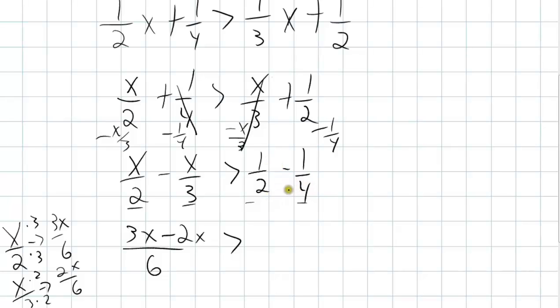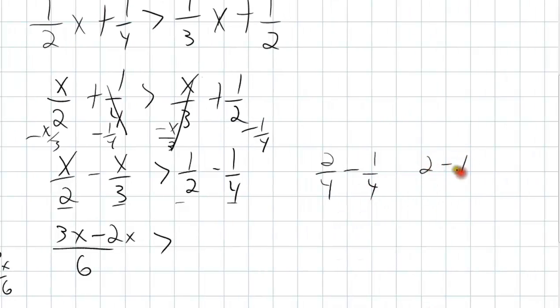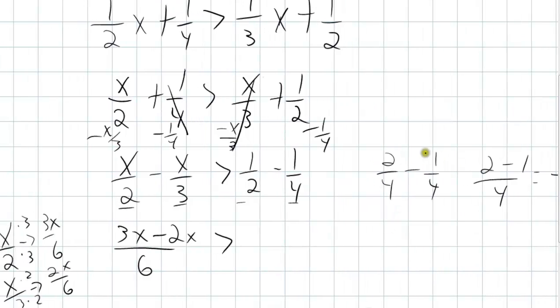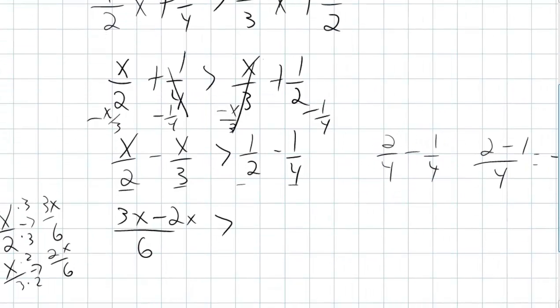So 1/2 converted into fourths would be 2/4, and then just minus 1/4 still. So this is the same as saying 2 minus 1 over 4, and what I get is just 1/4, not 3/4. I could have gotten that just from looking at this: 2/4 minus 1/4 is 1/4.